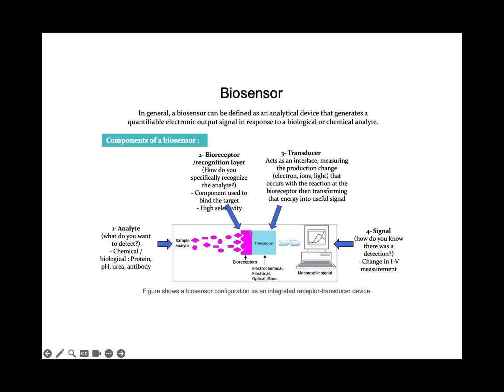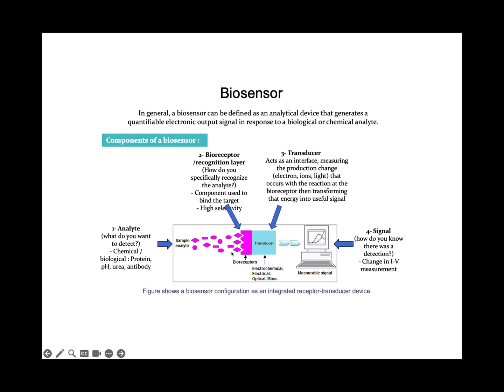And this transducer transduces, meaning that it will give you the output from the interaction of the analytes with the receptors. We have discussed bioreceptors and a bit on chemical receptors. So once they interact, we need to read the interaction.